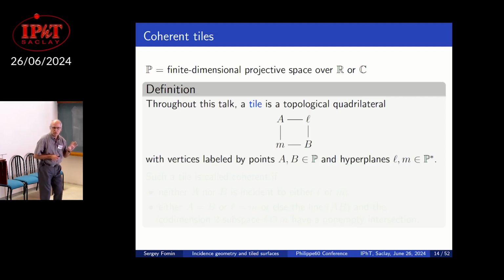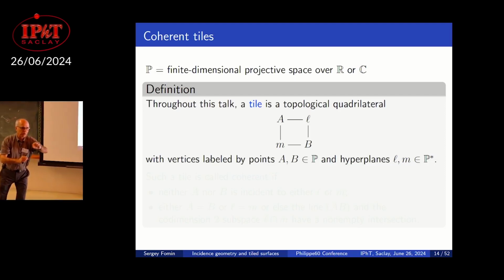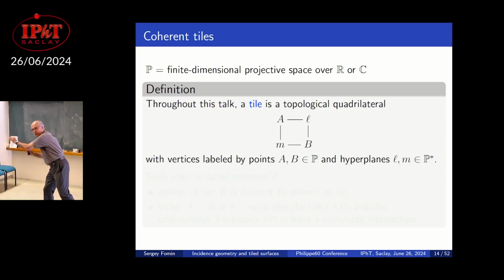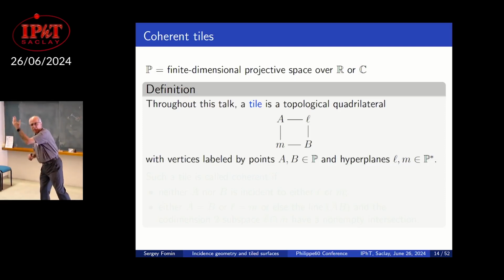So again, quadrangulation, black and white points. Each black point here corresponds to a point in the geometric space. Each white point here stands for some line, or more generally, a hyperplane in this geometric space.